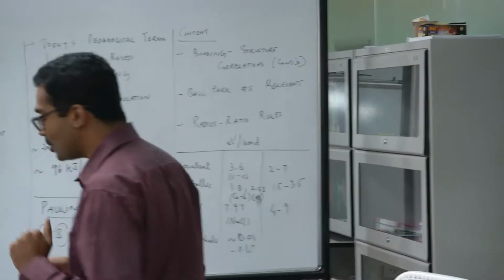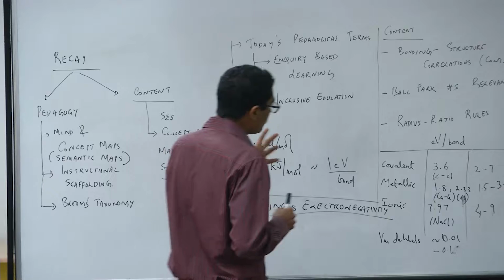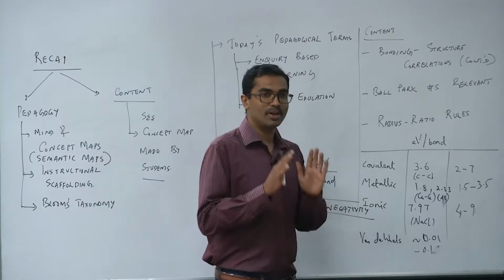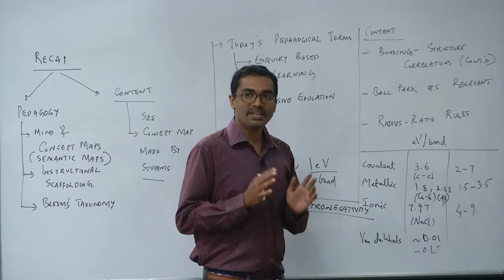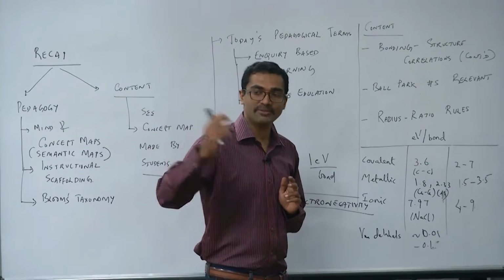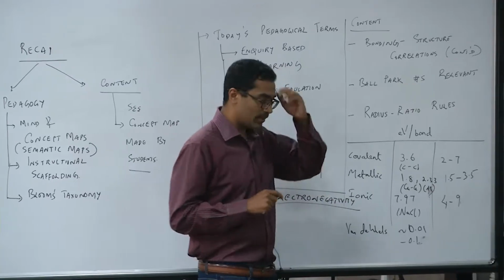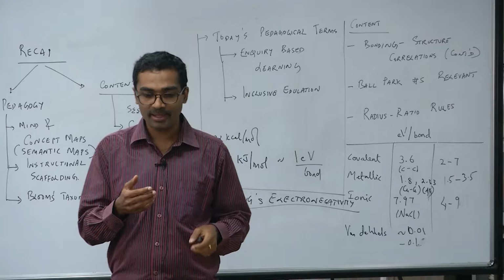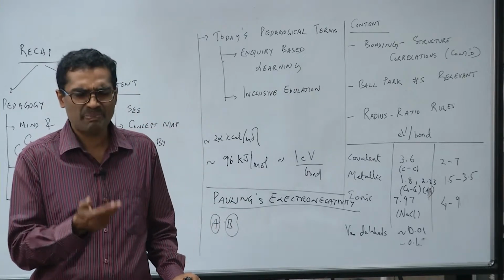This is right. I'm glad you brought this up because there are many more examples of mixed bonding than of pure bonding. In fact, even in the last class, Bodhi had mentioned covalency versus ionicity. So you cannot necessarily look at an ionic solid and say it is perfectly ionic.